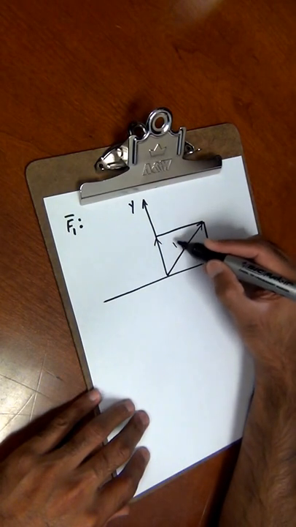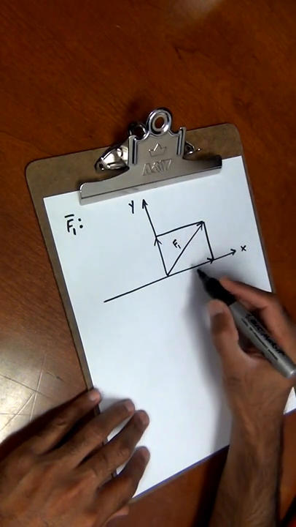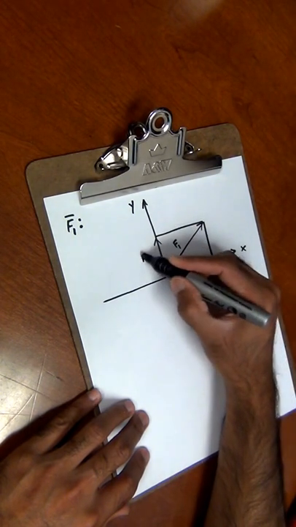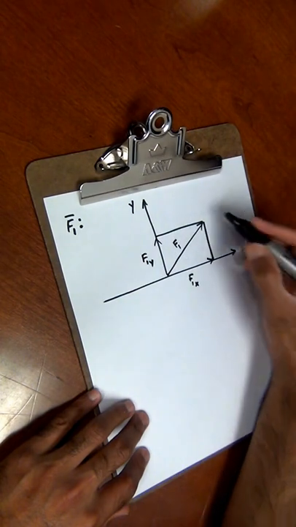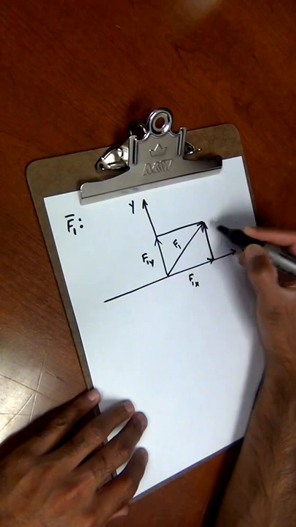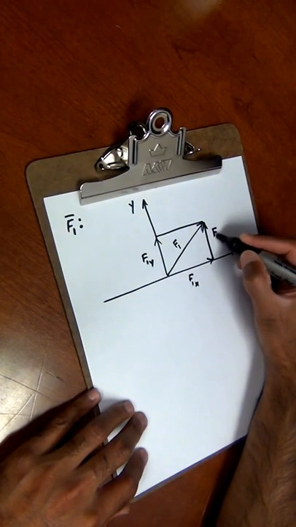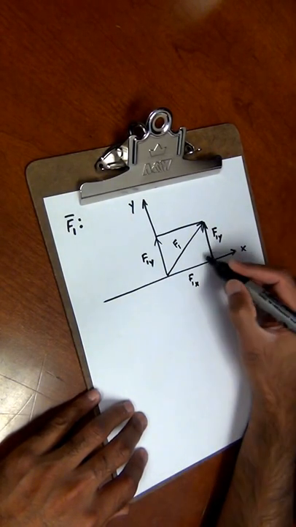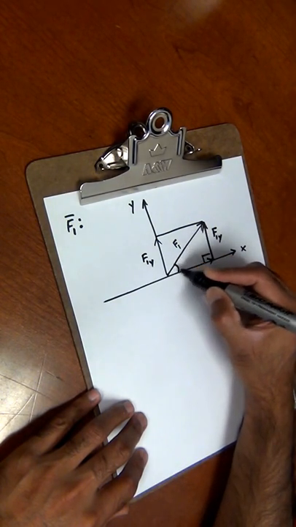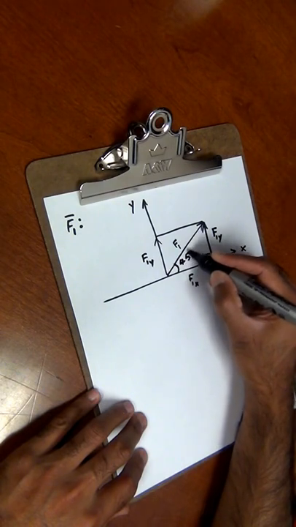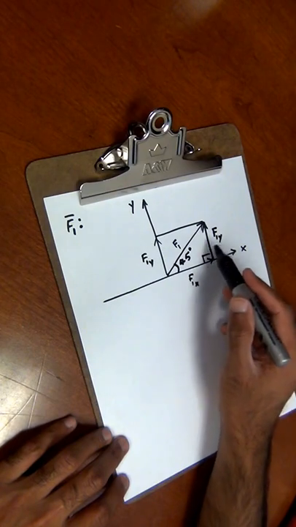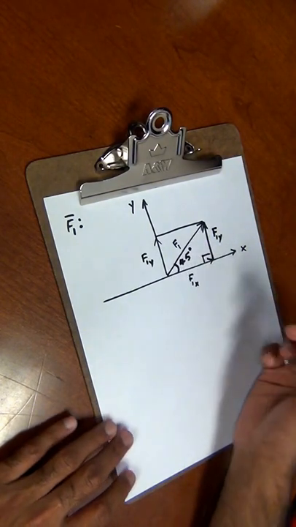So this is the vector F1. I'm going to call the x component F1x and the y component here F1y. Since this is a rectangle, this side is also going to be F1y. Now this is a 90-degree triangle, and this angle is given to us as 45 degrees, which means I can write out F1x and F1y in terms of F1 and the angle of 45 degrees.